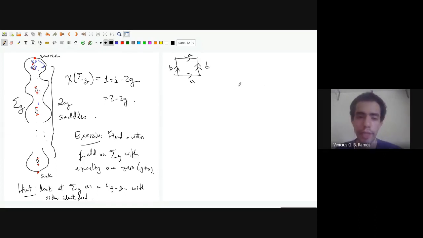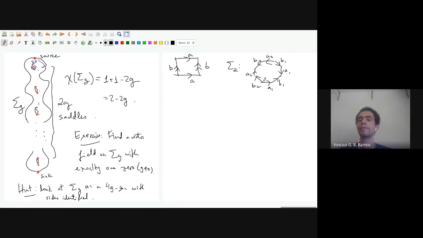So if you want to construct a surface of higher genus, for example, sigma 2, you can look at an octagon, 1, 2, 3, 4, 5, 6, 7, 8, and then you do it like this: A1, B1, A1, B1, A2, B2, A2, B2.